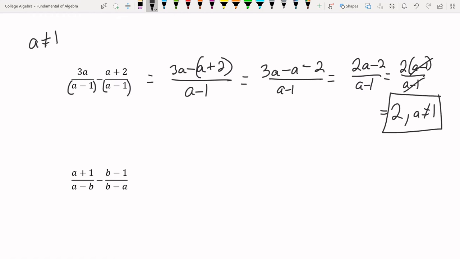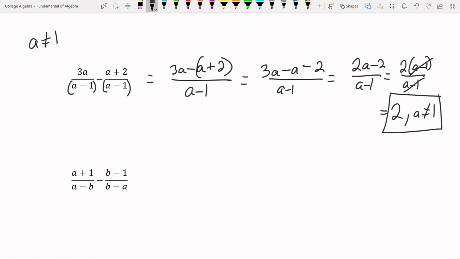Now, of course, we have just a number here, so there's really no need to write a does not equal 1, because a is no longer a variable in the simplified expression. But just for completeness' sake, it's best to keep that around.